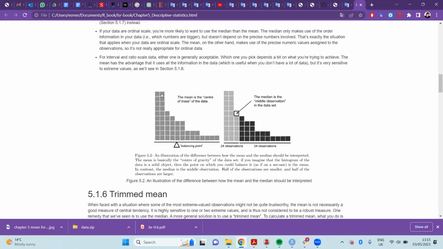The mean can be seen as... these blocks or squares represent the distribution of our data set, and the mean could be seen as the balancing point of our data set, while the median represents the middle point of the data set.